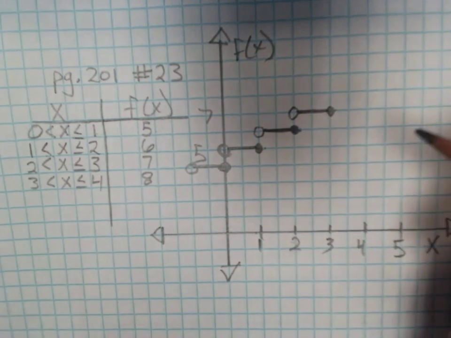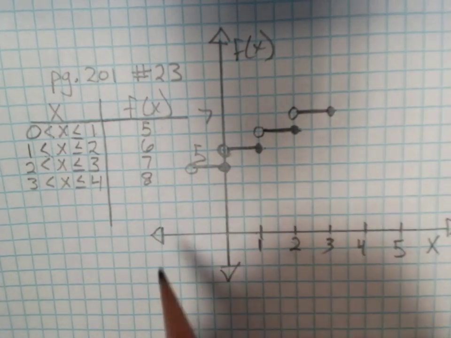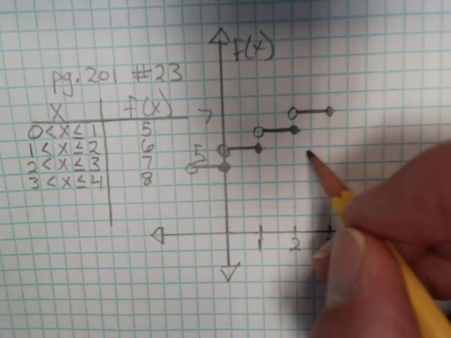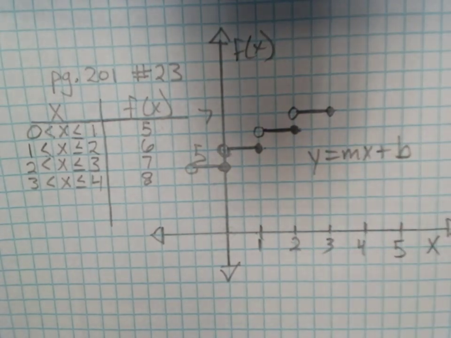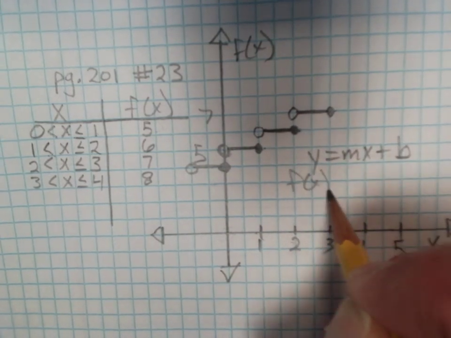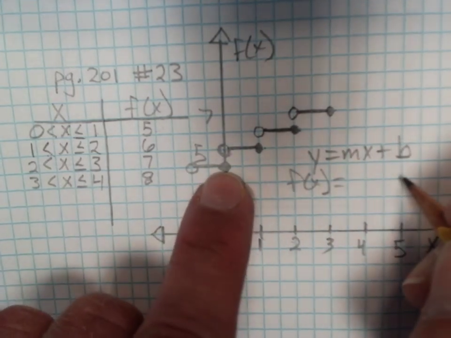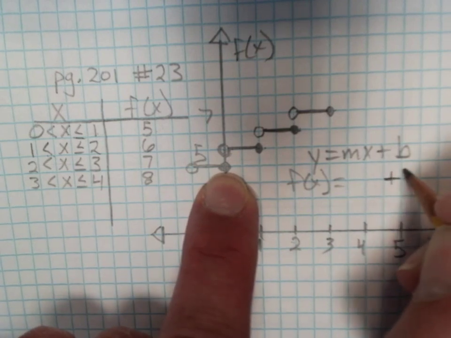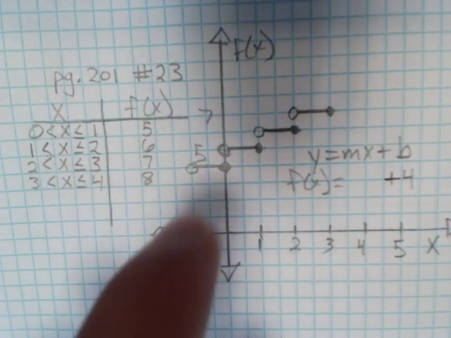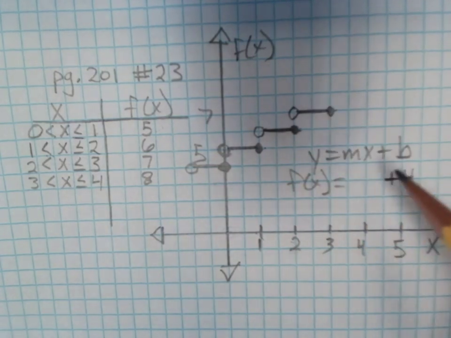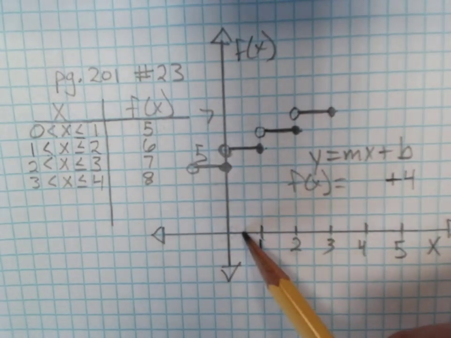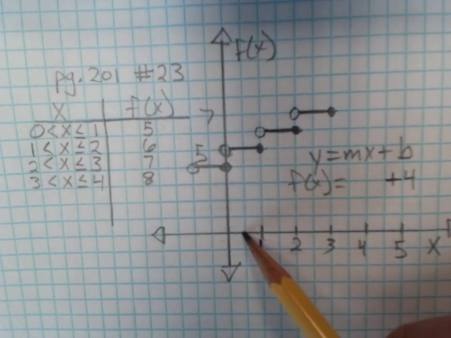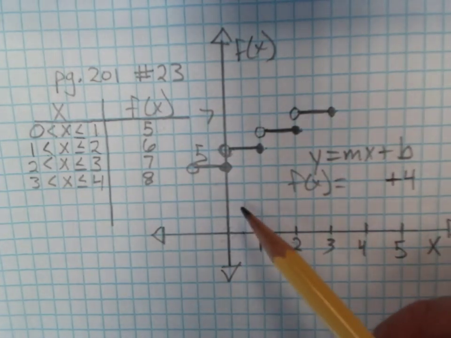Our y-intercept is 4. So if I'm thinking about that y equals mx plus b equation, or in this case f of x, I would know that f of x equals, I'm going to start at the plus 4. Okay? Starting at plus 4. Now, when I have 0 to 1, at 0.5, am I rounding x up or down?